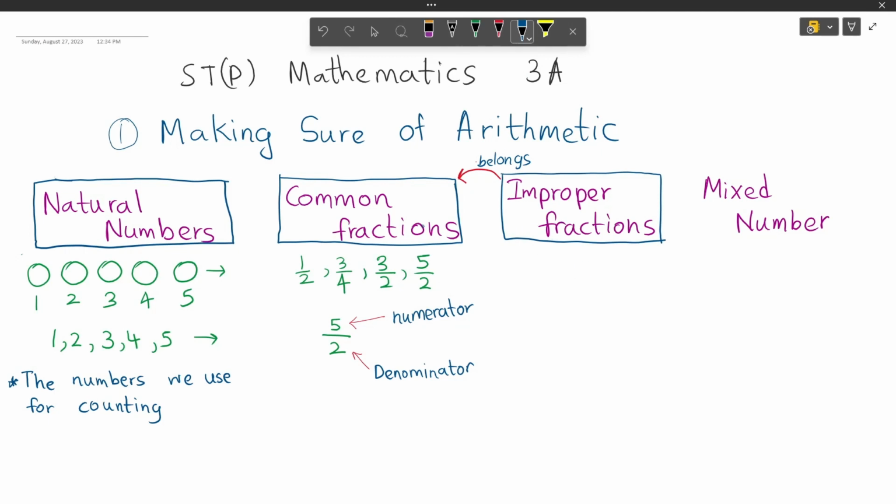There is a special condition when we talk about improper fractions. The condition is the numerator should be greater than the denominator.